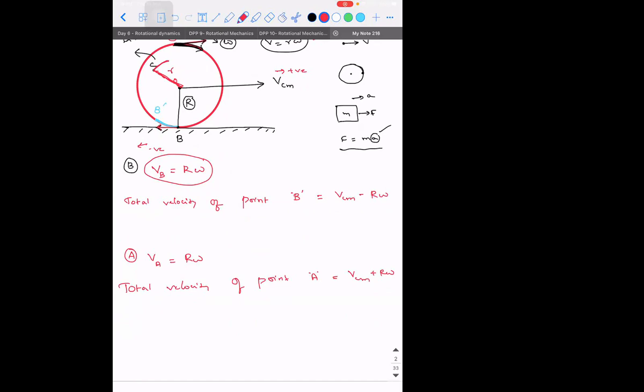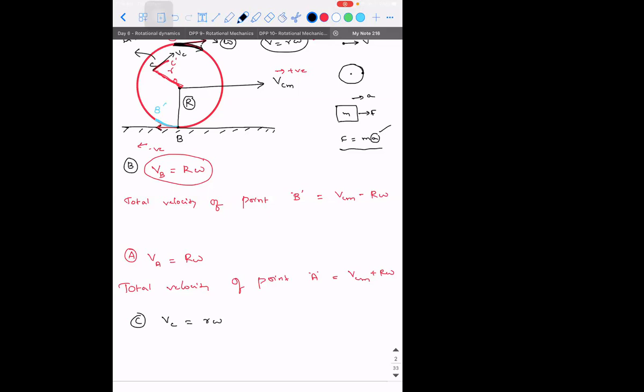After some time, the particle C can be found at point C dash as it is moving along this curvature. Now, if I draw a tangent at this point, what will be the velocity of point C here? At C, VC will be equal to smaller r omega. Very good.